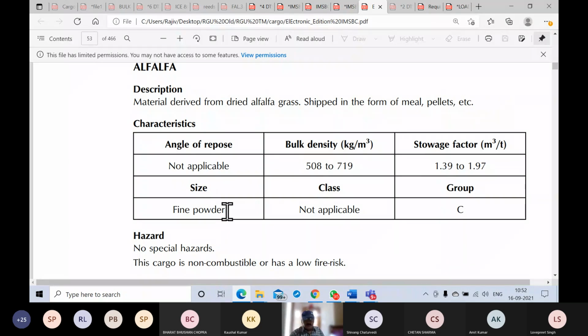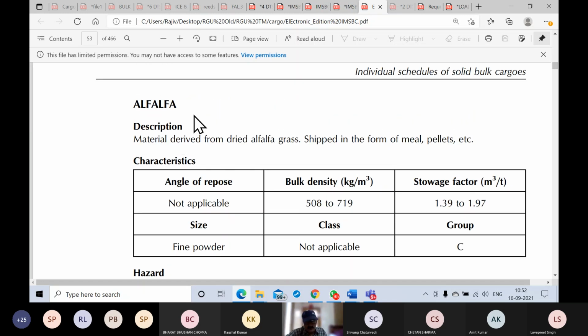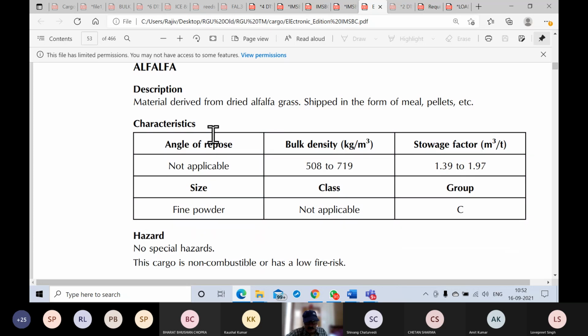So this is the description of the cargo loaded in bulk called alpha alpha. No special hazards, cargo is non-combustible and low fire risk. This is also mentioned. This is the individual schedule for the cargo we are talking about, alpha alpha. Just in case this is the cargo ordered, then you have to refer here.